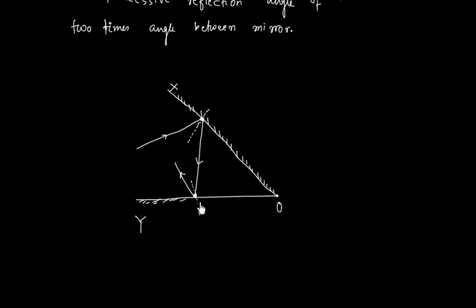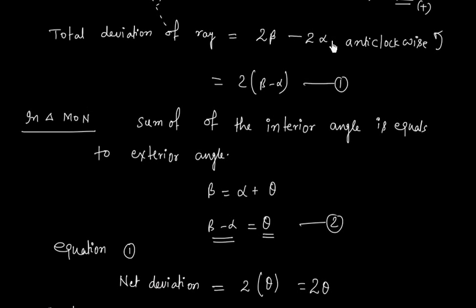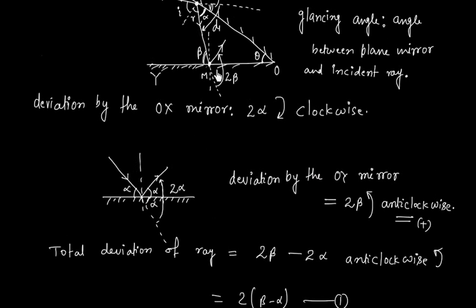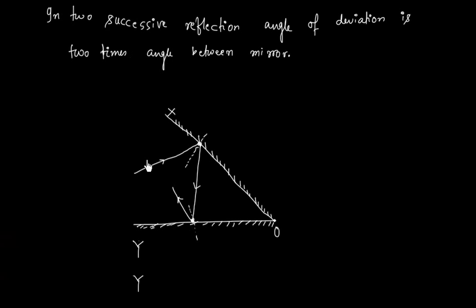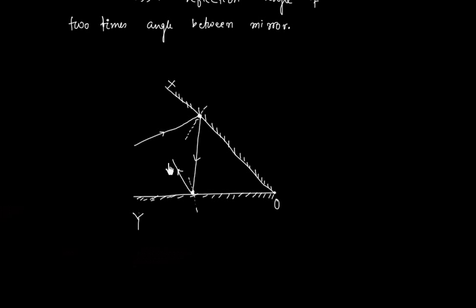You see the difference: in the first case, after the second reflection, light is bending in this direction, that is the right side. But now in this case it is bending towards the left side. Let us say the glancing angle for the first mirror is alpha and the glancing angle for the second plane mirror is beta.